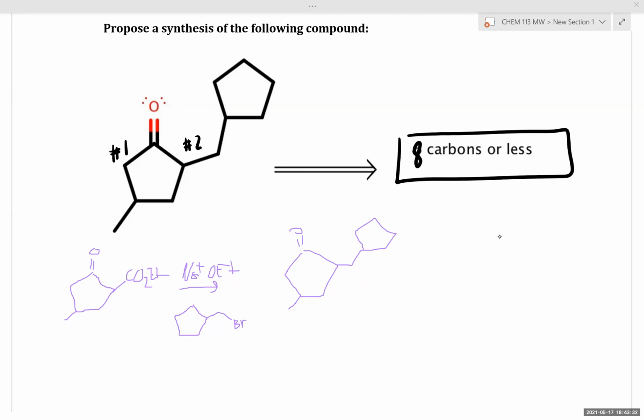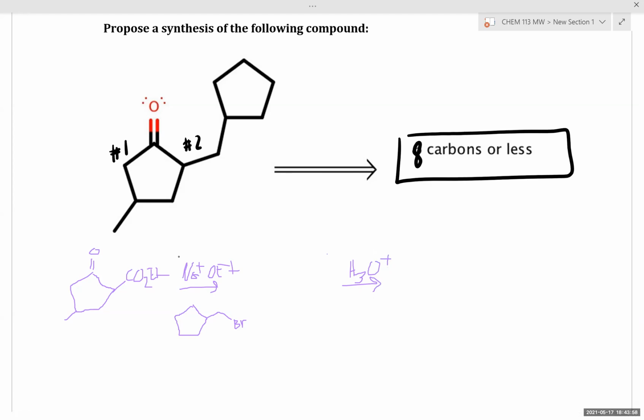Would you be able to show the conditions for decarboxylation? So as of right now, these first two conditions alkylate. That's correct. You can draw the alkylated product, but you need the second set of conditions to decarboxylate it. Yep, exactly right.